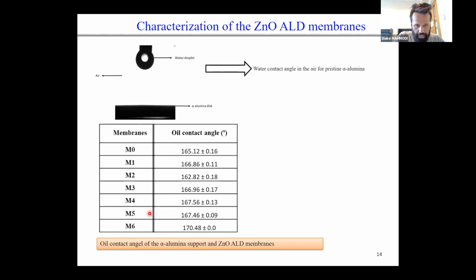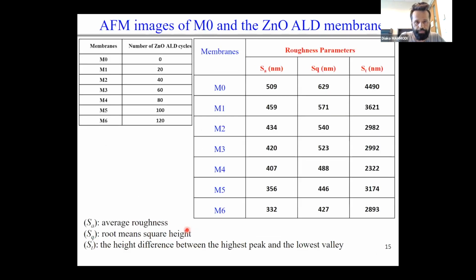From M0 to M6, the oil contact angle increased from 165 to 170, which means that by coating zinc oxide, the hydrophilicity, or water affinity, of the modified membrane increased, which is an ideal point for us.